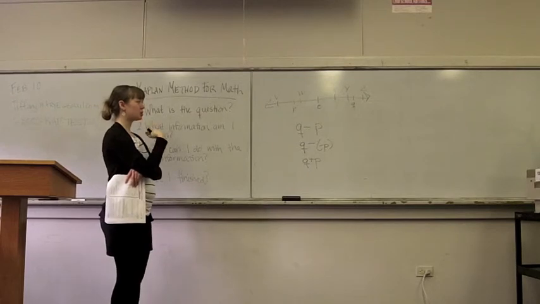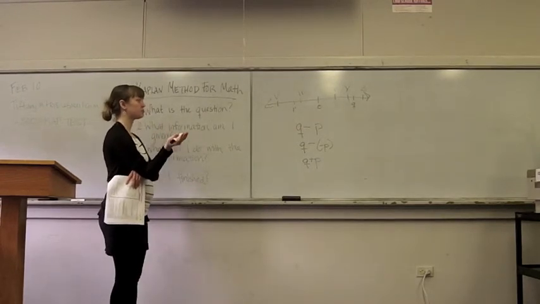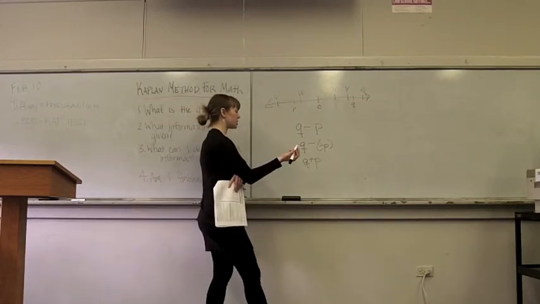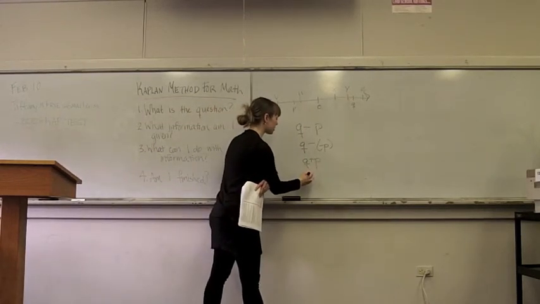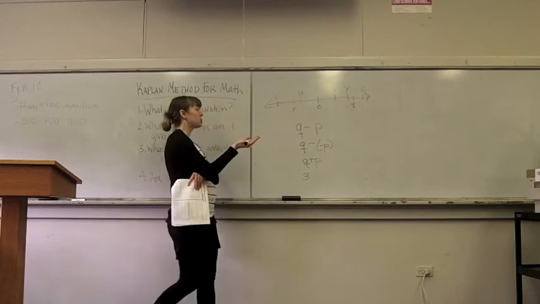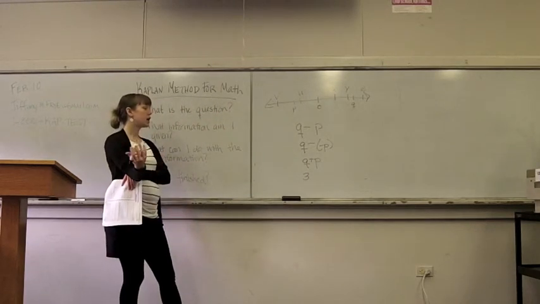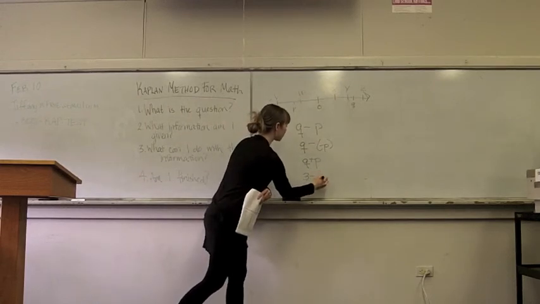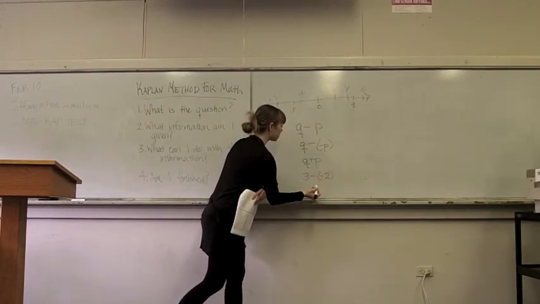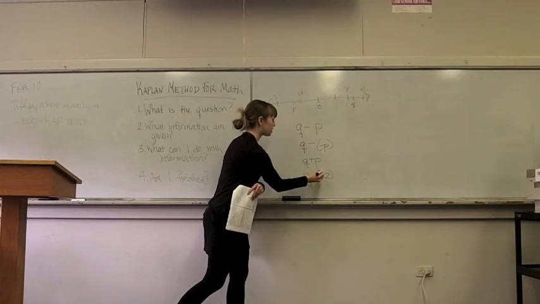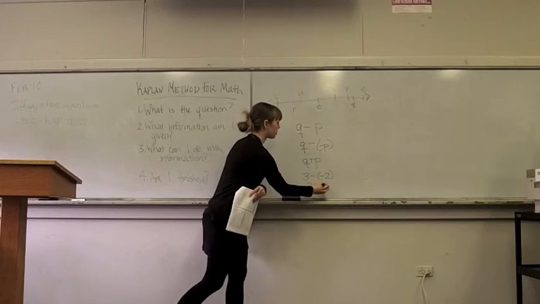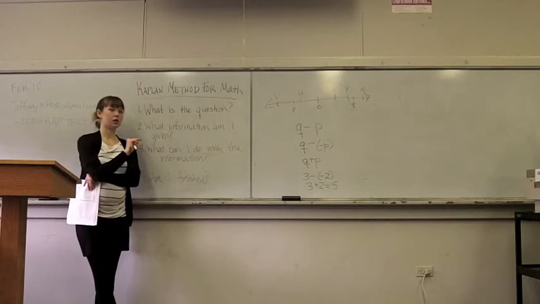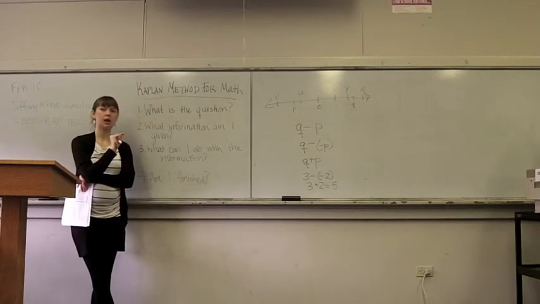Now we know that Q must be something like 3, possibly. Working with what Sonia said about plugging in numbers, we'll say Q equals 3. P could be something like -2, maybe. So 3 minus -2, we cancel these negatives out. We get 3 plus 2. What do we see going on here? Do we see a pattern? What's happening?